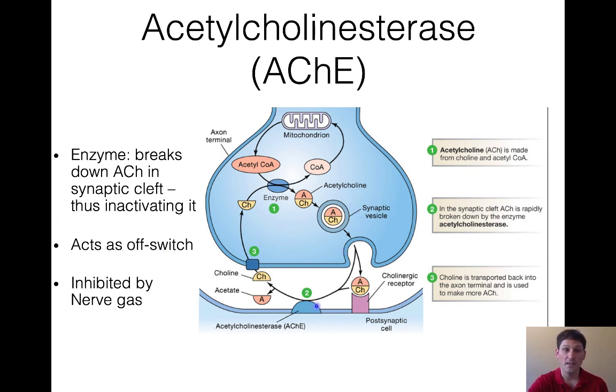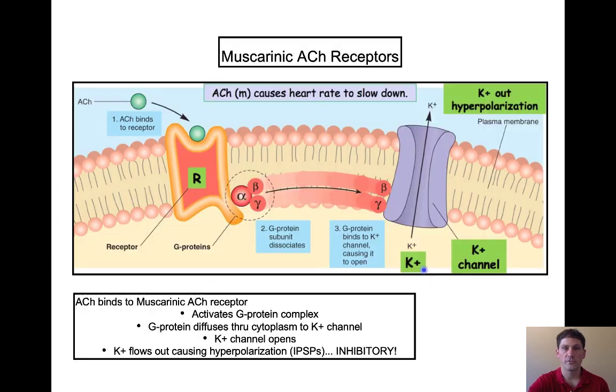Now, if we inhibit acetylcholine esterase, all right, with nerve gas, well, now we leave acetylcholine in our synaptic clefts. And we just mentioned back here that this causes our heart rate to slow down.